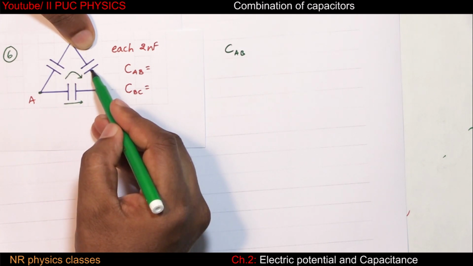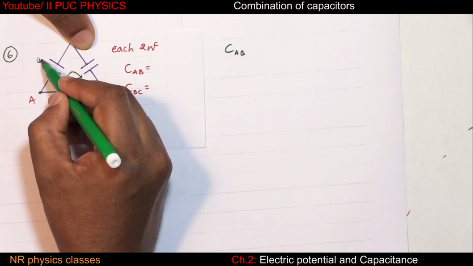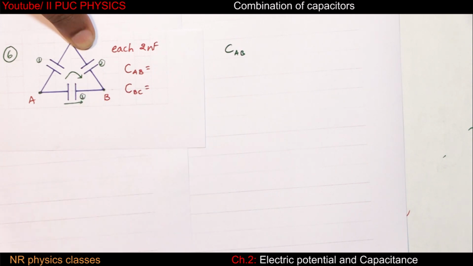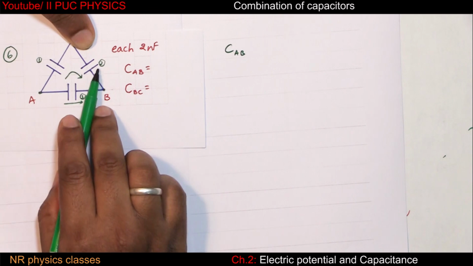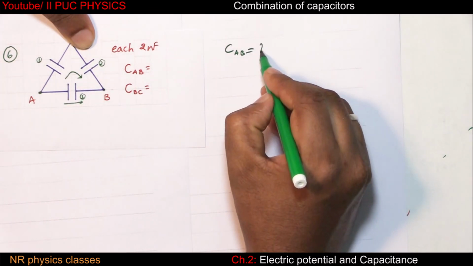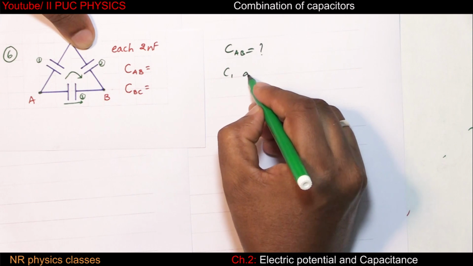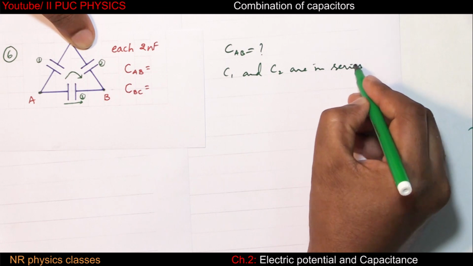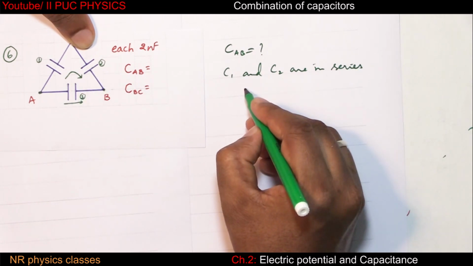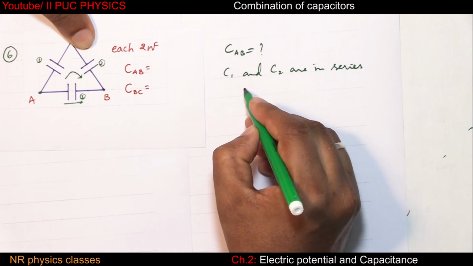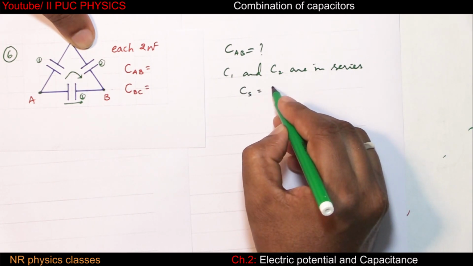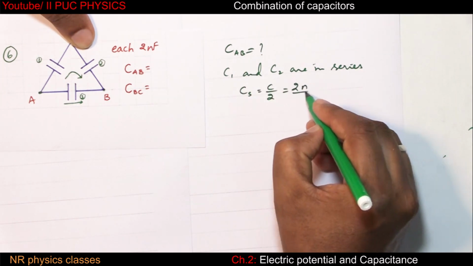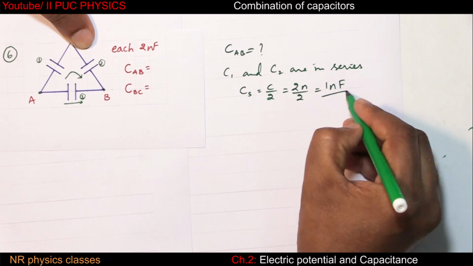These two are in series means, let me denote it by first capacitor, second capacitor, third capacitor. First and second are in series. C1 and C2 are in series, each equal to 2 nanofarad. Therefore CS equal to C by 2, 2 nano by 2 equal to 1 nanofarad.